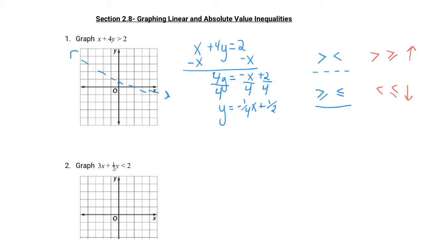So in this case, since I've got a greater than, we're going to shade the part of the graph above the line, because that's where the solution set is. Okay. Pause the video, try the next one on your own.